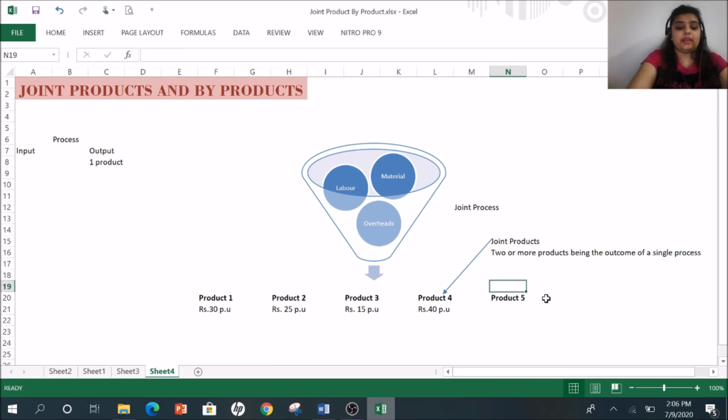Now this is my byproduct. Ma'am, how can you say that this is my byproduct? There are two reasons for calling product 5 as the byproduct. First thing, it is incidental to this process.